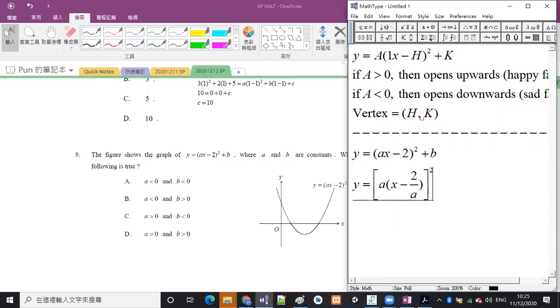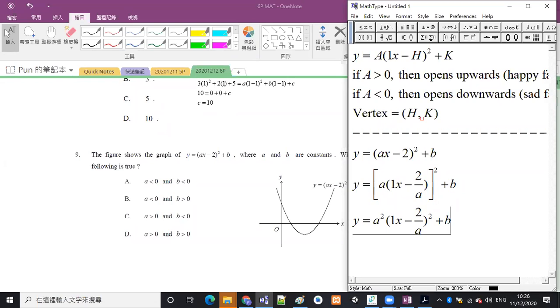Here. Can you get this? Then y is equal to, I'm going to distribute the square to the a and to this 1x minus 2 over a, squared, plus b.